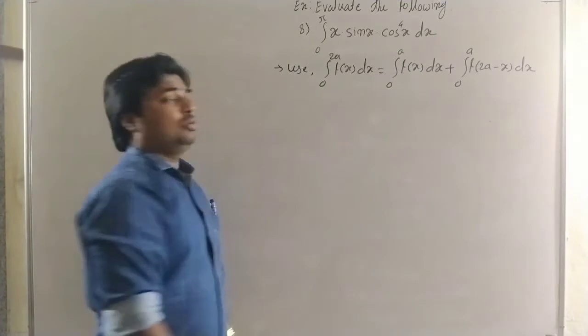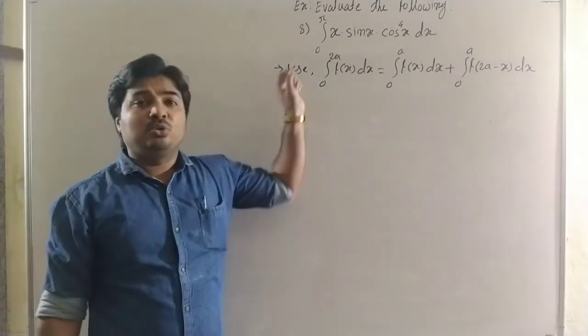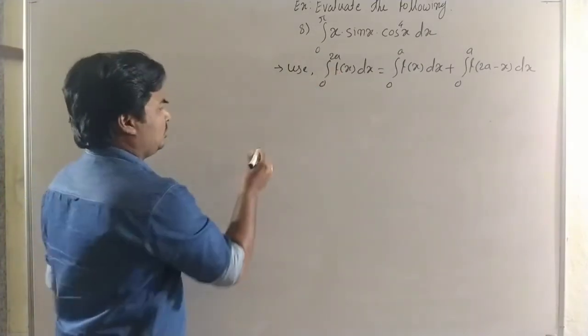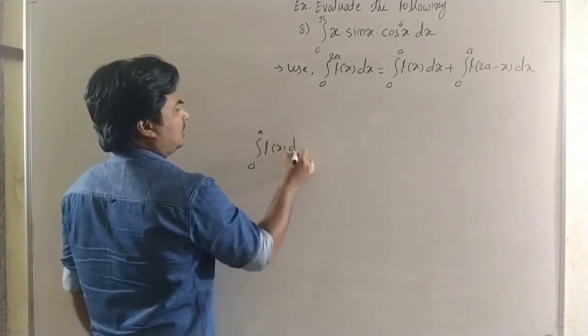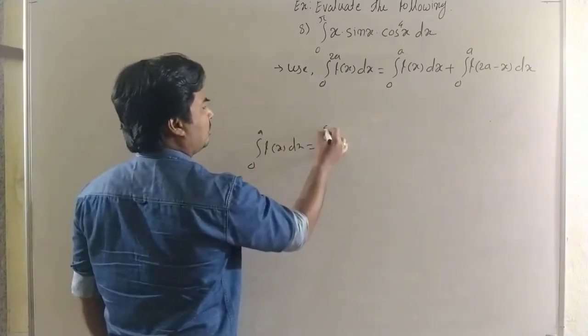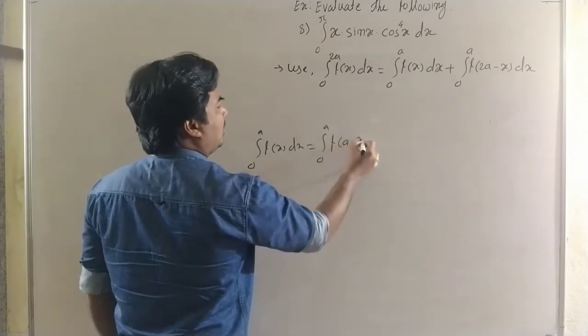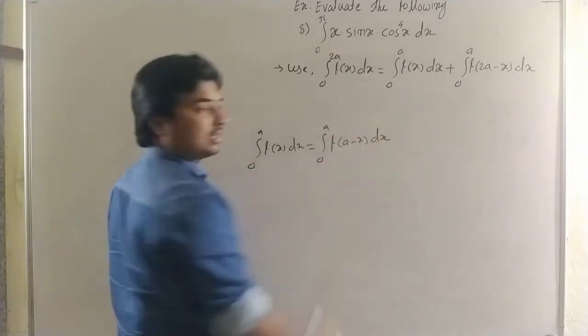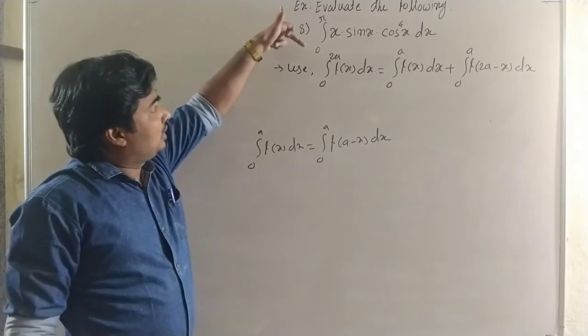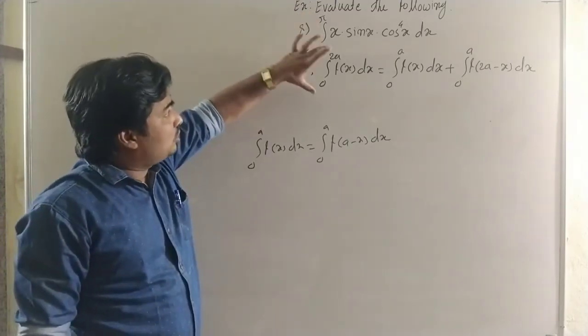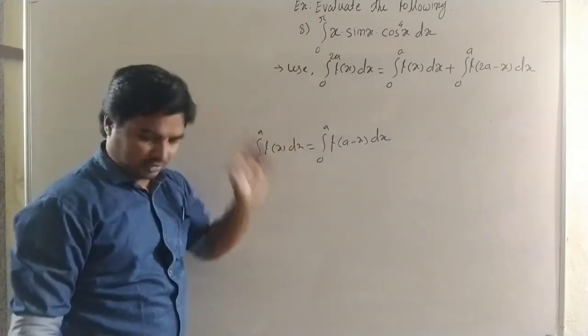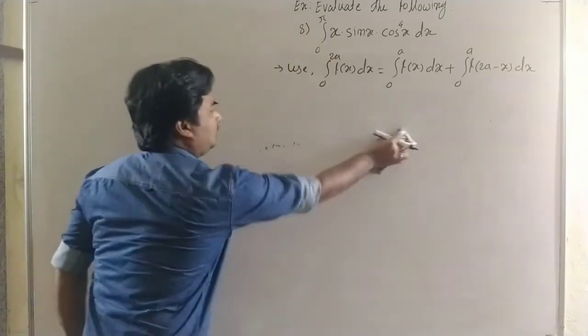Here we can also use the property 0 to a: integral 0 to a f of x dx is equal to integral 0 to a f of a minus x dx. But when the limits are 0 to pi, it is easy to use this property other than this.